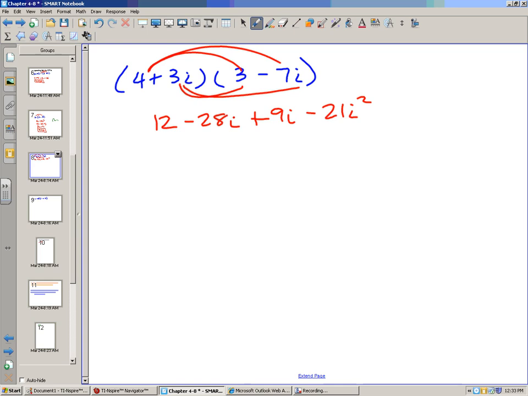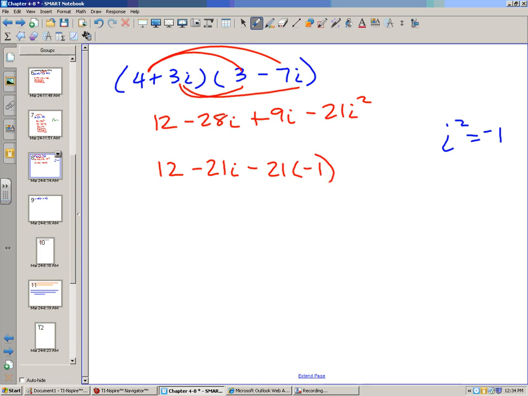What do you think we should do? Combine like terms and do what? And i squared is -1. So 12. What is -28i and 9i? Minus 21i squared becomes -1.